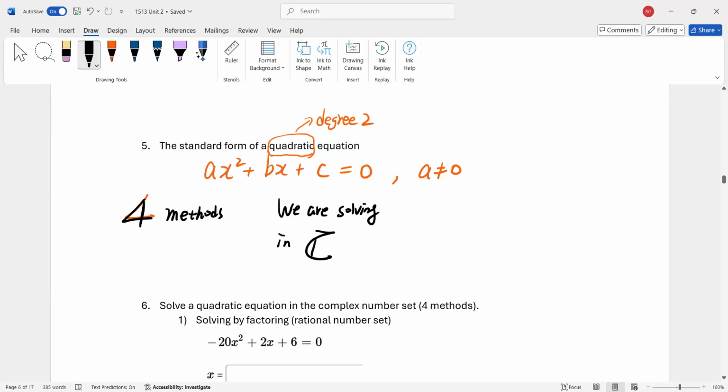And we need to know this conclusion, very important. Note, in the complex number set, a quadratic equation always has two solutions.